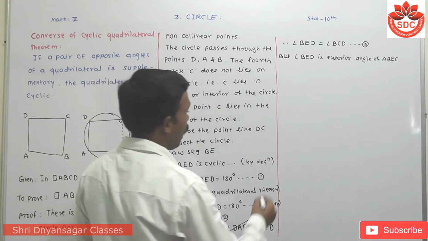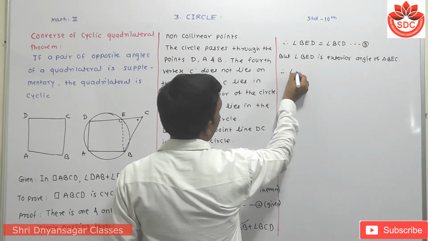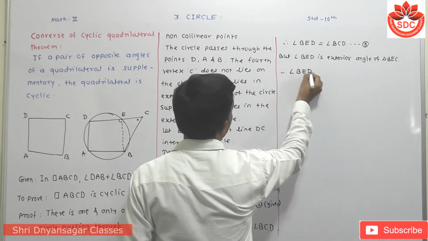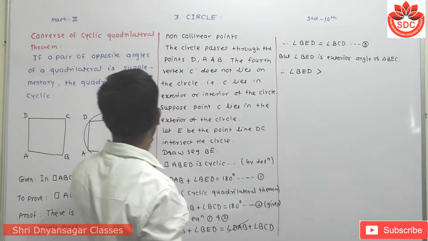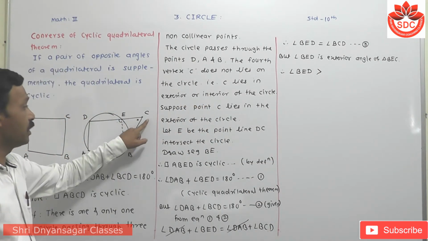So first I write here, therefore angle BED is greater than angle BCE, that is BCD.